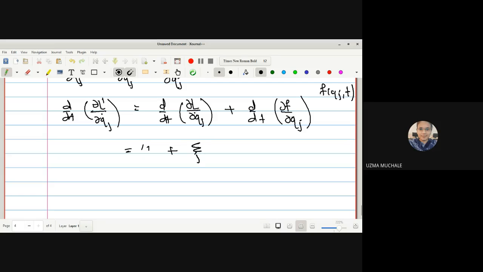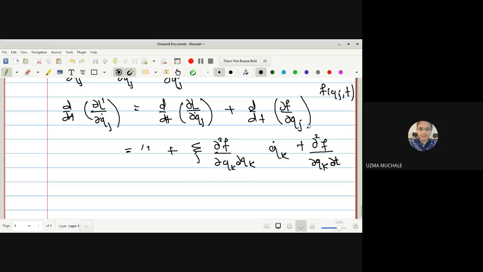So for that we can write it as a summation over k of dou 2f by dou qj dou qk into qk dot, the derivative of f with respect to qk and qk with respect to t, plus the next derivative, dou 2f by dou qj dou t.